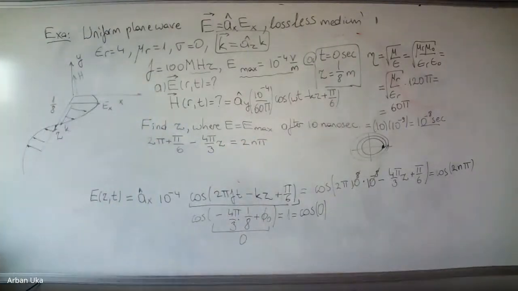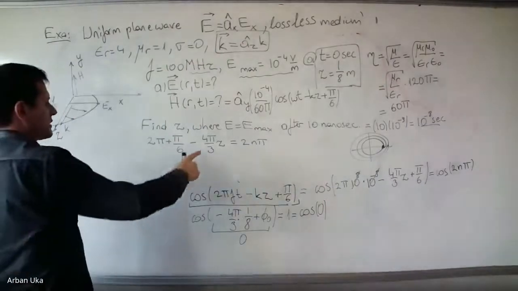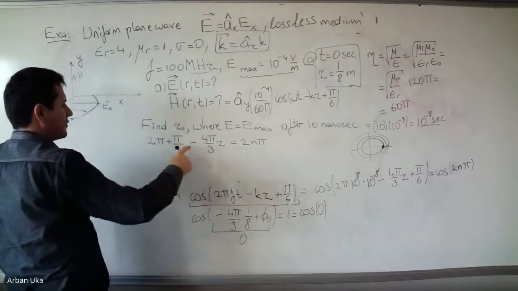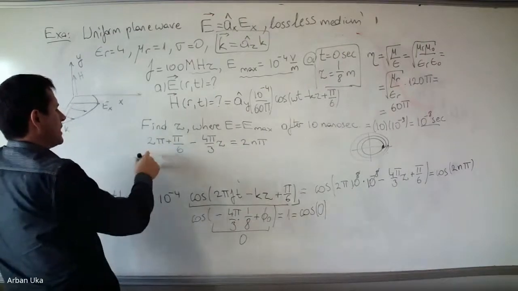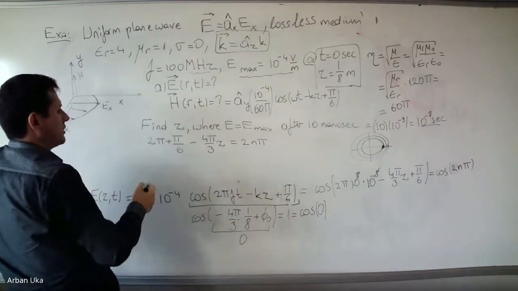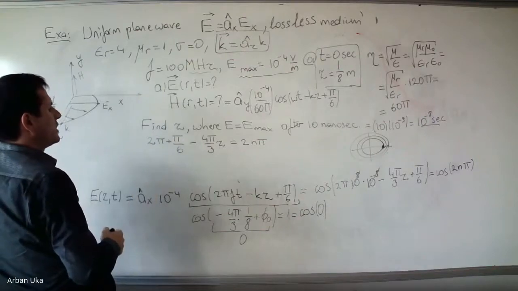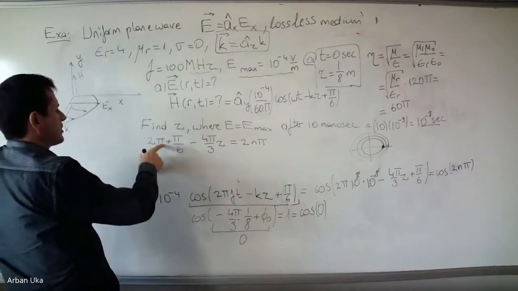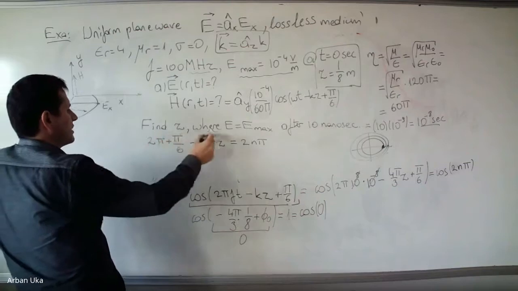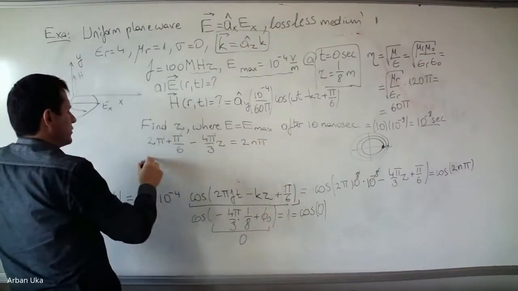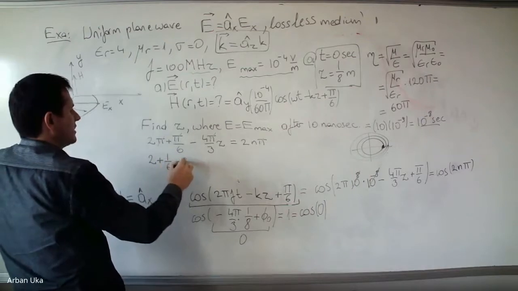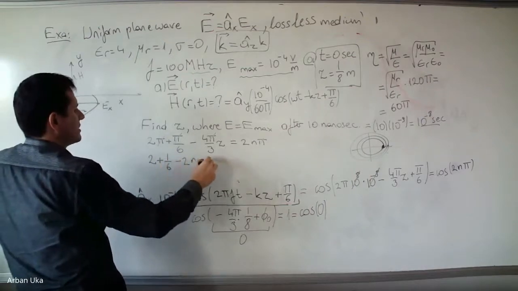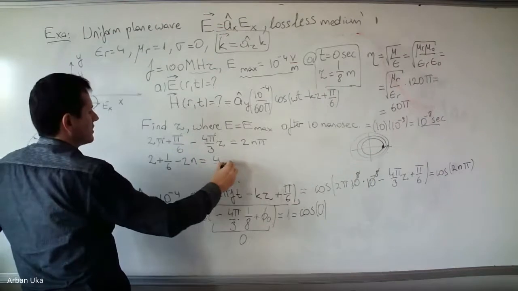So, in order to find z, so the question is find z, let's factor out the pi. Actually, what we can do is cancel out the pi's everywhere because it's pi everywhere. So we are left with 2 plus 1 over 6 minus 2n, and this is equal to 4/3 z.